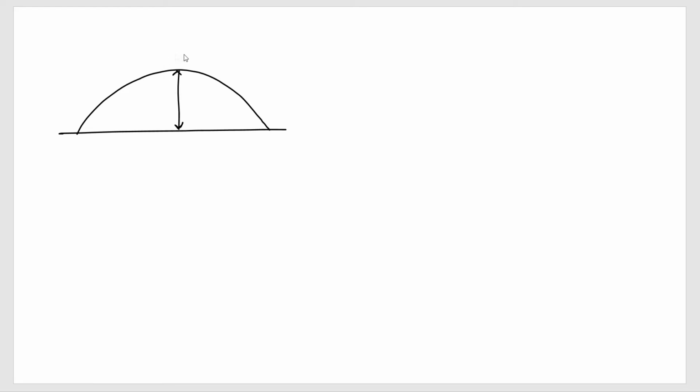So the maximum height and the time of flight are self-explanatory, but if the question tells you to find the value of range, you should know that the range is nothing but the total horizontal distance covered by the particle. So the range doesn't always have to be from ground to ground. If a particle starts from the ground and ends up somewhere on a higher level like this, the range is nothing but the distance from here to here. This is the value of the range.